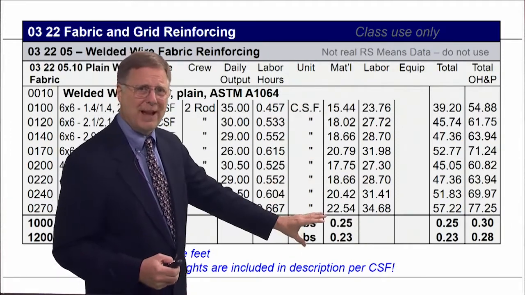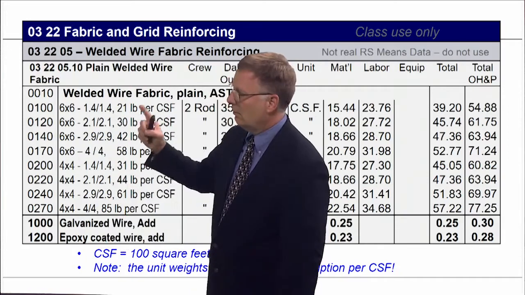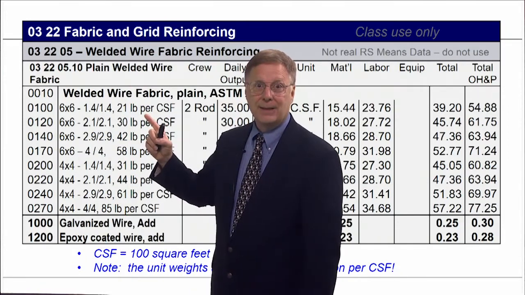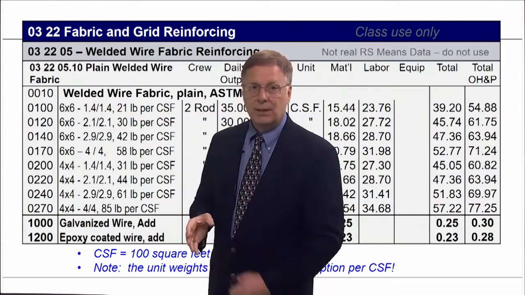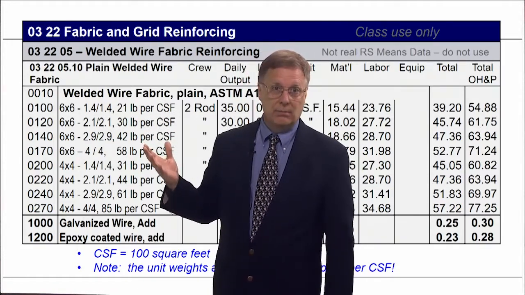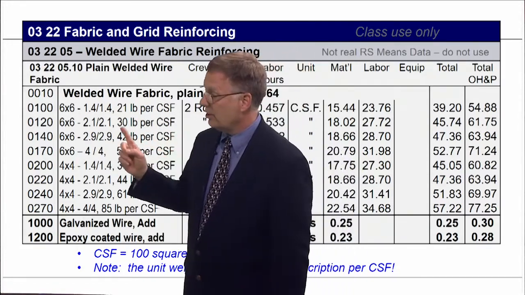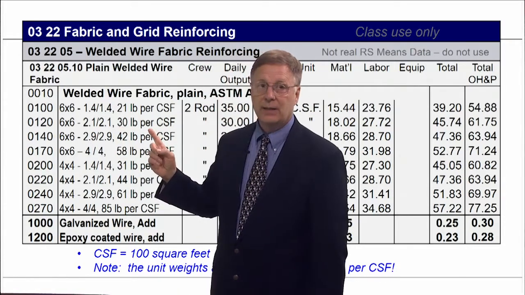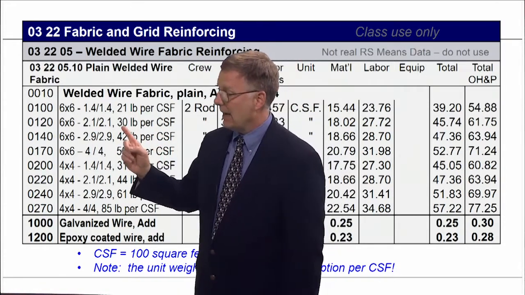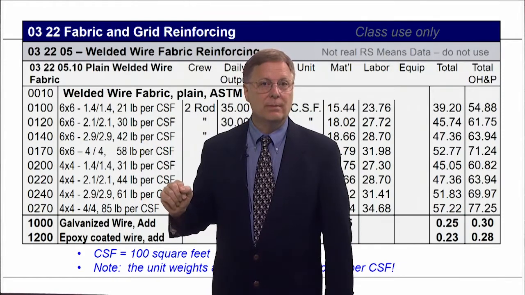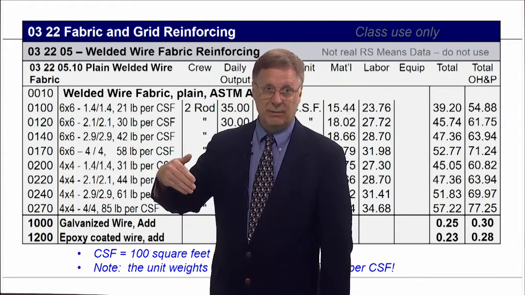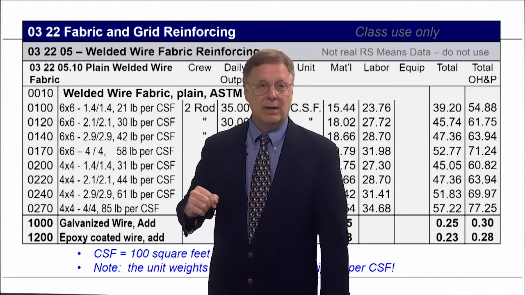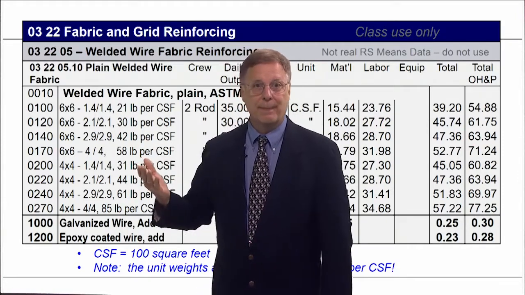How do I know how many pounds there are? Right here. So if I have 1,000 square feet, I know that there is 30 pounds per 100 square feet, then I know that I have 300 pounds. 1,000 divided by 100 is 10 times 30 pounds. I come up with 300 pounds.